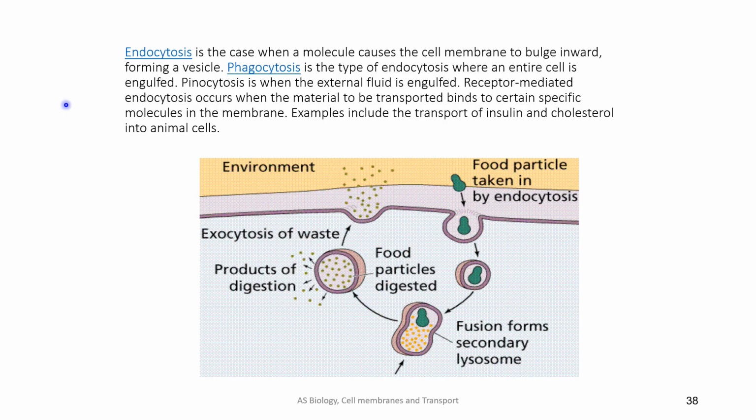So other than our protein pumps, we have a couple more types of active transport. So one of these is endocytosis. Endocytosis is where a large molecule wants to enter the cell.